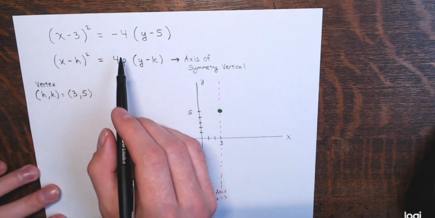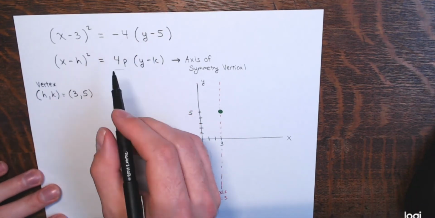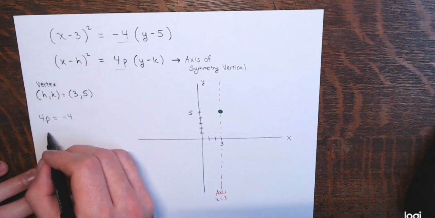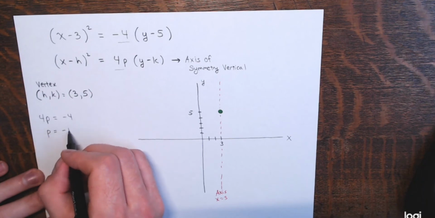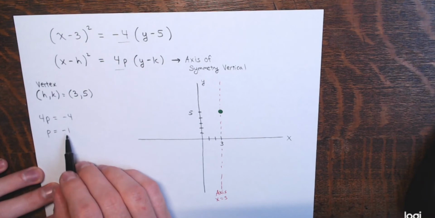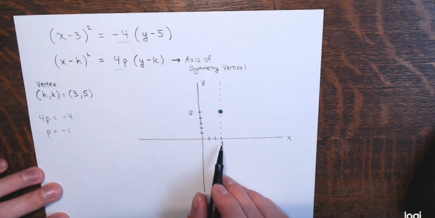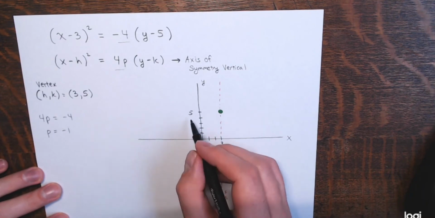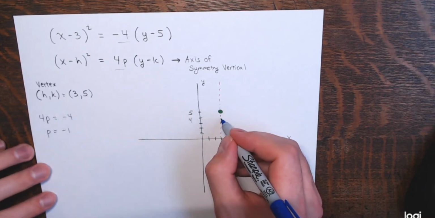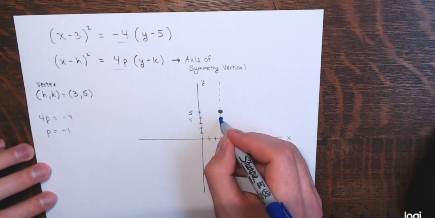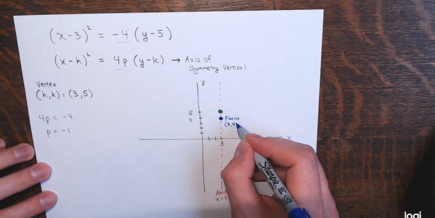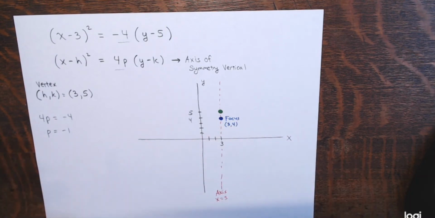Now looking at this, 4p is negative 4, meaning that p is negative 1. And because p is negative, the negative direction on vertical is going down. So the focus is 1 unit below the vertex. Here's the focus, and that would be at the point (3, 4). And the parabola is going to be opening down.